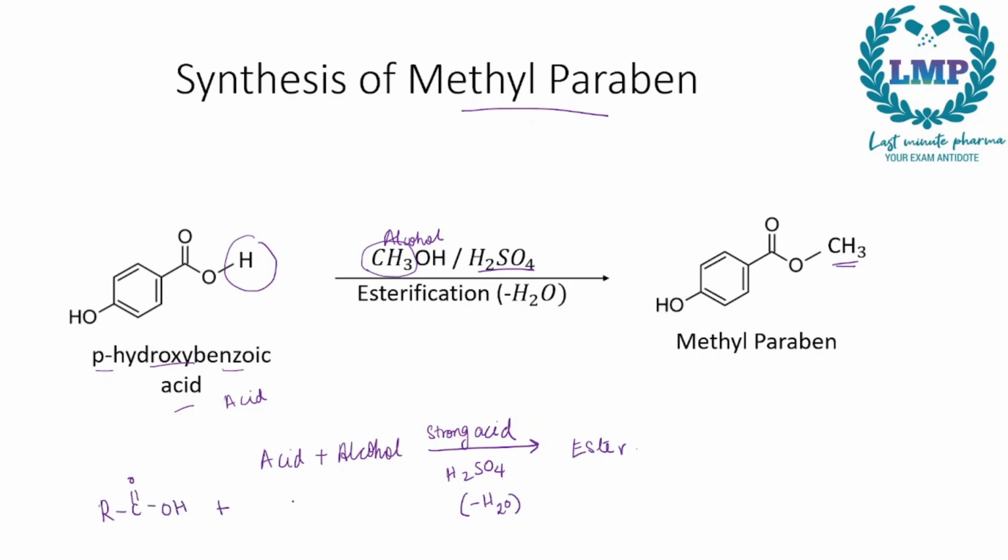Then we have an alcohol, that is R, O, H. Now if we remove water from here, we will get R, C double bond O, O, R, which is an ester. So the ester over here is methyl paraben.